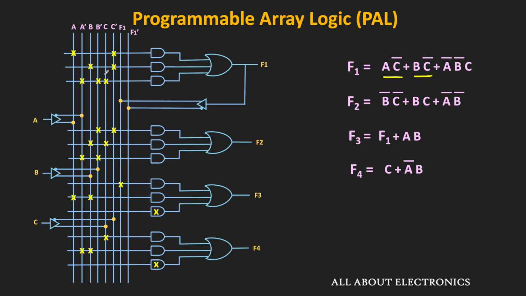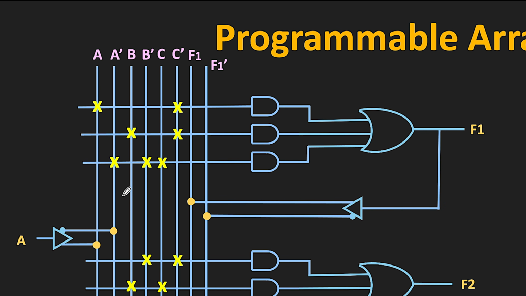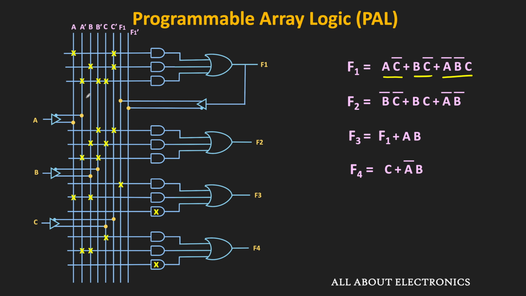Therefore, in the second AND gate, only the B and C bar inputs are connected. And likewise, the third required product term is equal to A bar dot B bar dot C. So these 3 interconnections corresponding to A bar, B bar and C are connected with the third AND gate. That means now, the output of the first OR gate corresponds to the function F1.